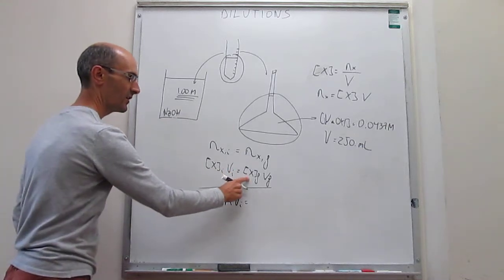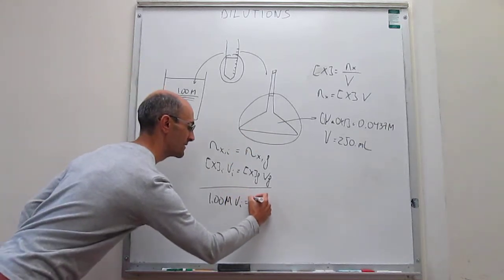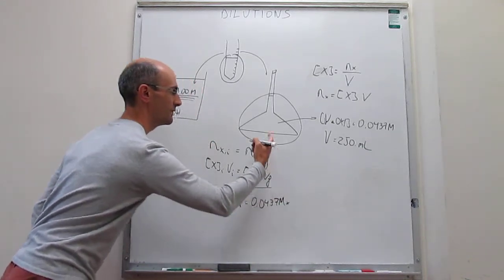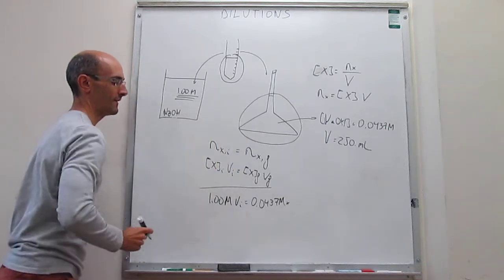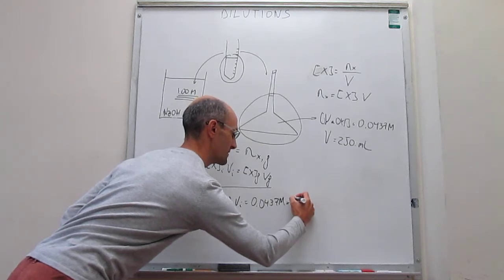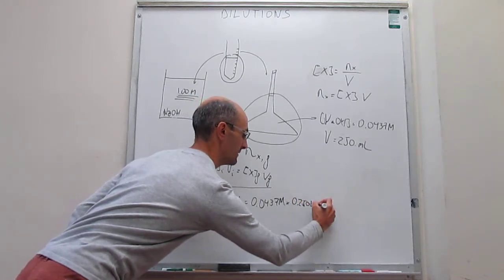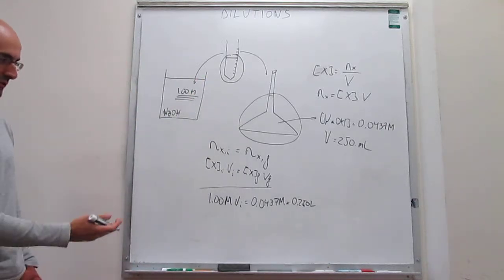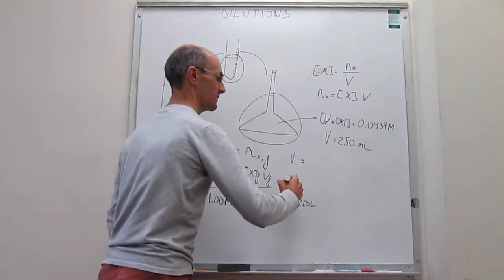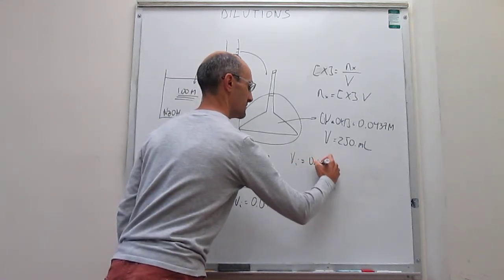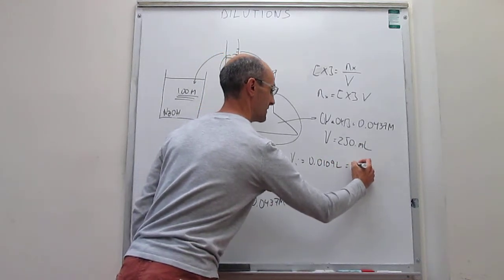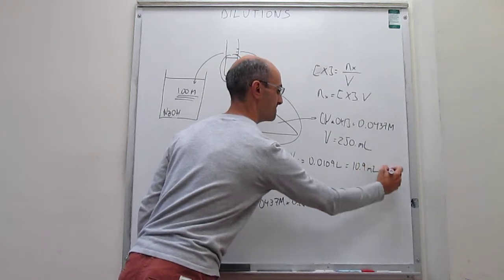The target molar concentration, which the problem statement gives me, is 0.0437 molar, and the final volume is 250 mL, so I can write 0.250 liters. From here you simply solve for the initial volume, and this number is 0.0109 liters, which is the same thing as 10.9 milliliters.